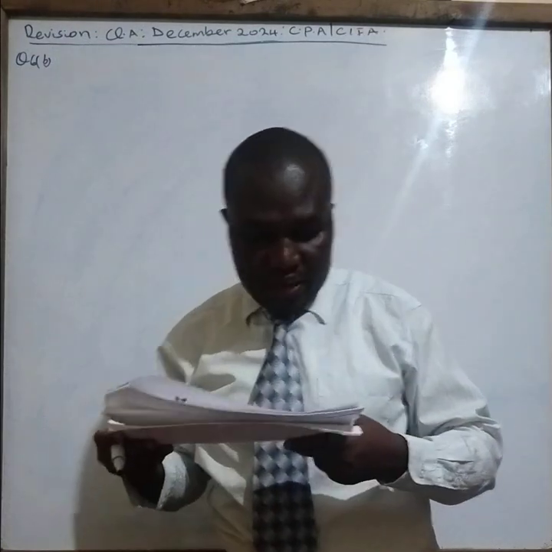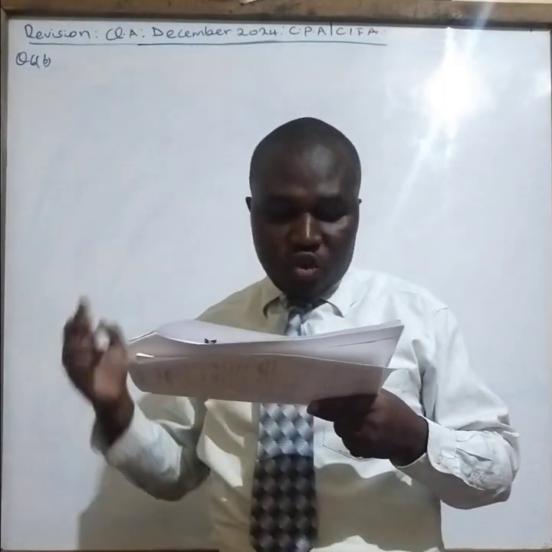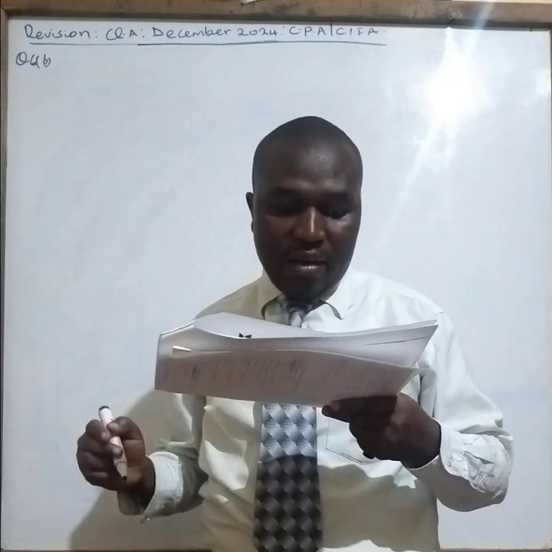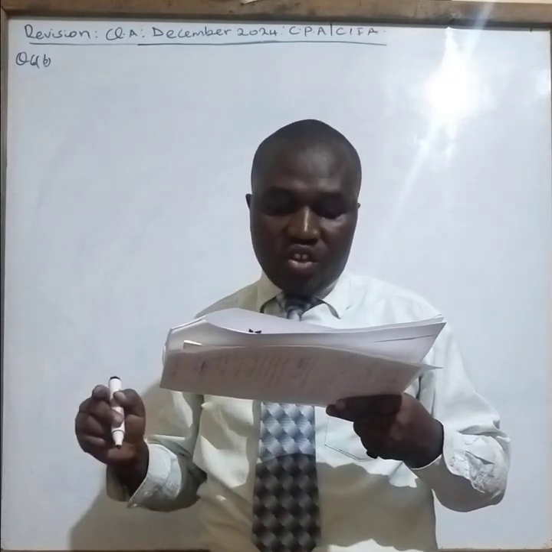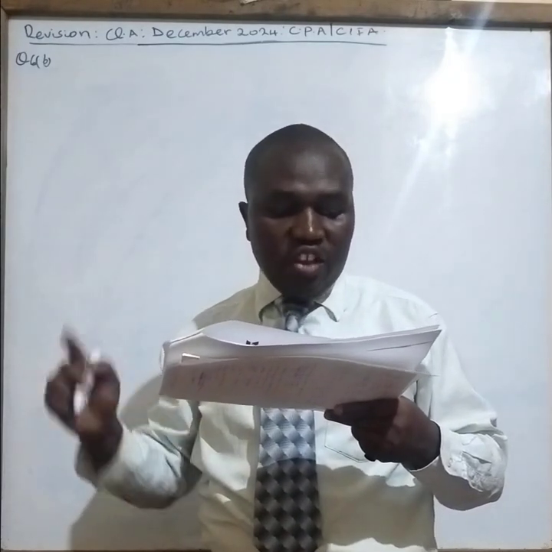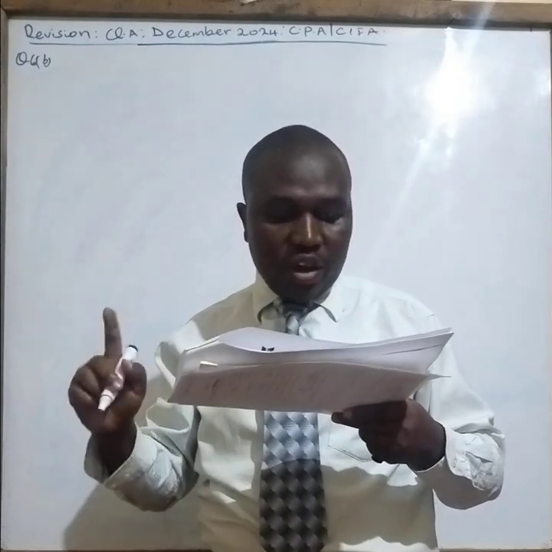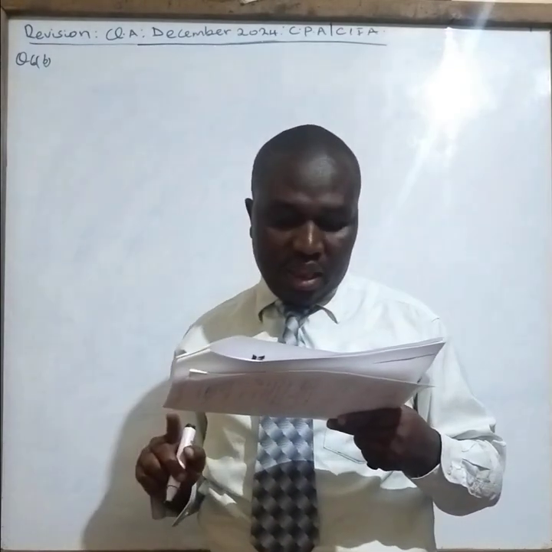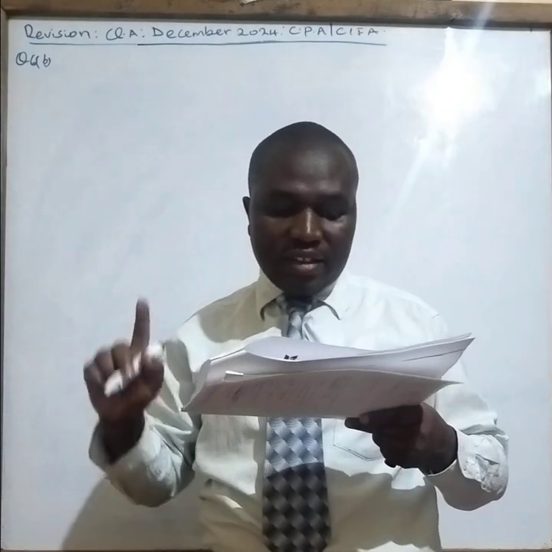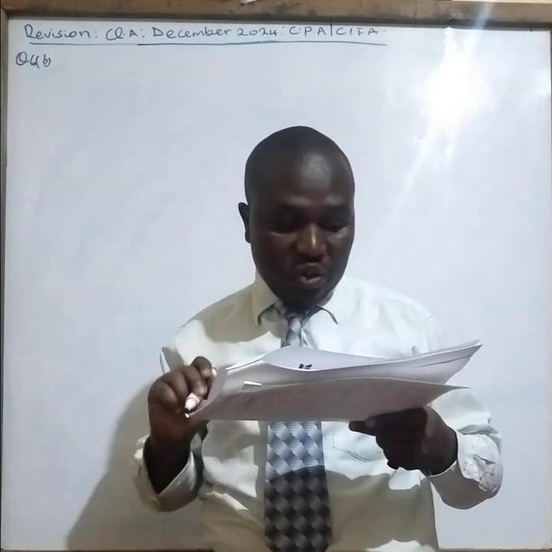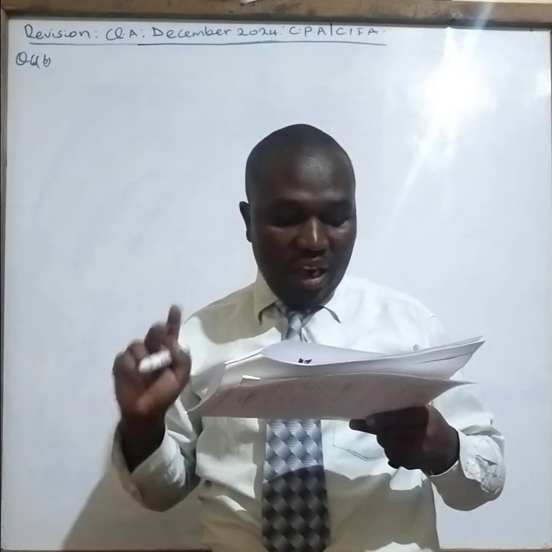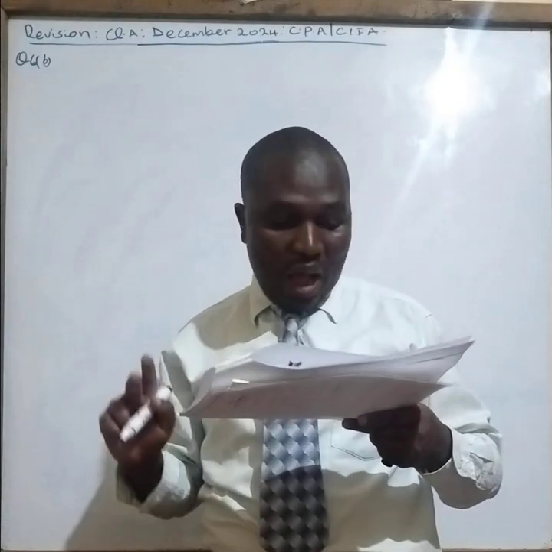Question 6b reads: a factory produces two products, product A and B. The company wants to determine how many units of each product to produce in order to maximize profit. The production of each product is subject to two resource constraints: machine hours and labor hours.